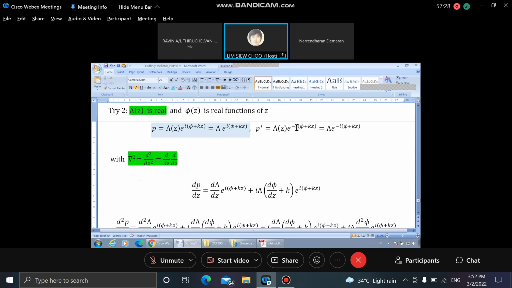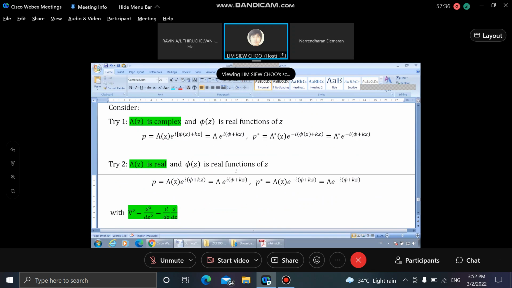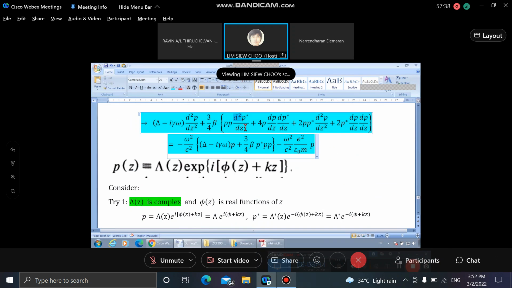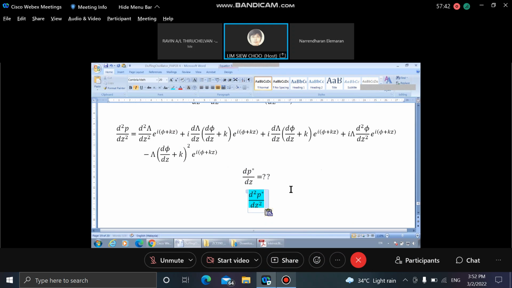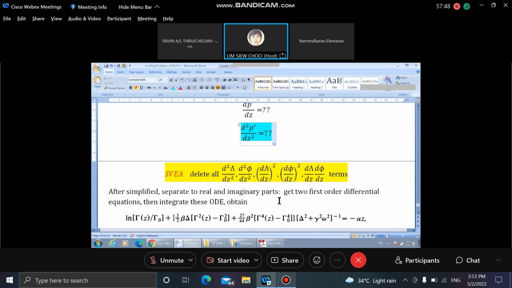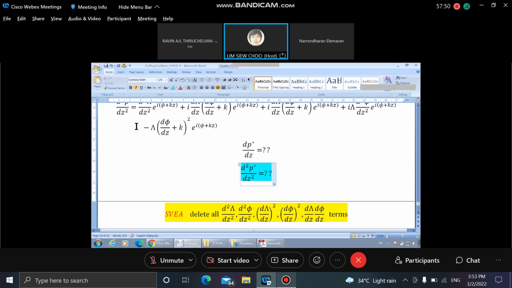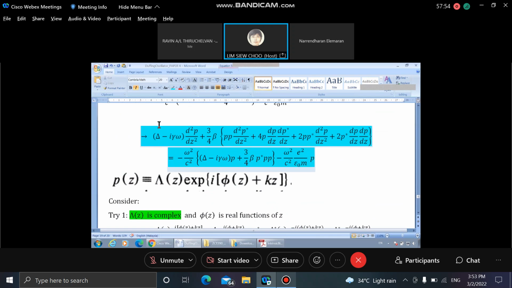So this is the dp star. Okay. And after this, you need to find the dp. Okay, equals to what? Okay. And after this, okay, after you substitute all these 4, 1, 2, 3, 4 into this blue equation, you need to simplify.